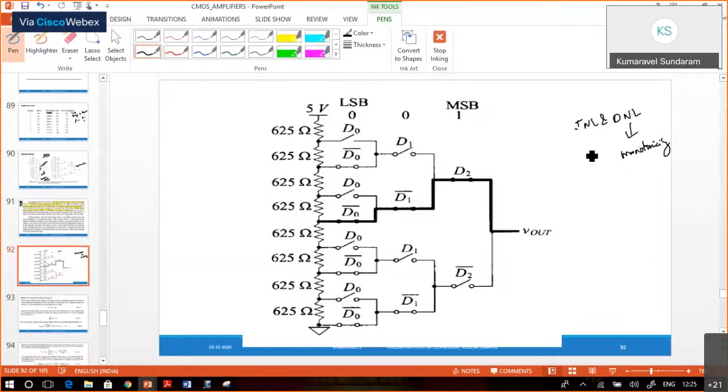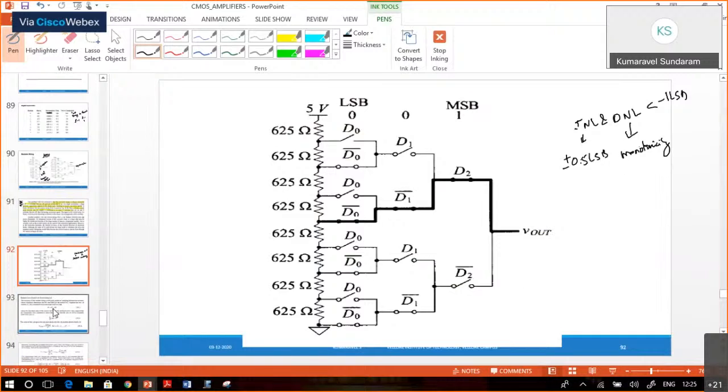Fine. DNL should not be less than -1 LSB, and INL should lie between plus or minus 0.5 LSB. This is a constraint.